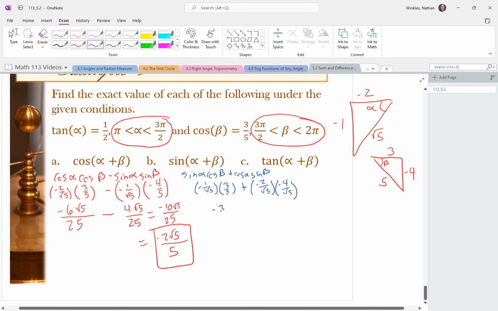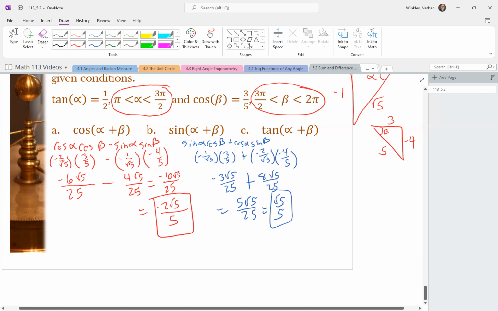So this is going to be negative 3 root 5 over 25 plus 8 over 5. Oop. Sine of beta should have been negative 4 over 5. Sorry about that. So this is going to be 8 root 5 over 25, which is 5 root 5 over 25, which is root 5 over 5.